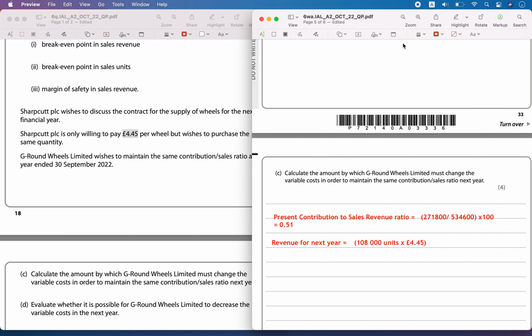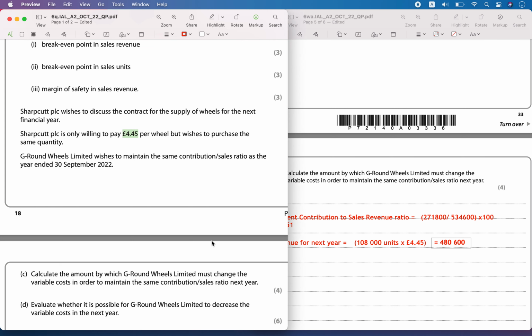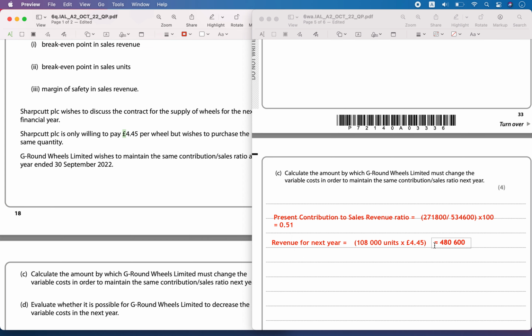So let's write 4.45 pounds and calculate the revenue. That is equal to 480,600 pounds, the revenue for next year. There is a decrease in revenue.